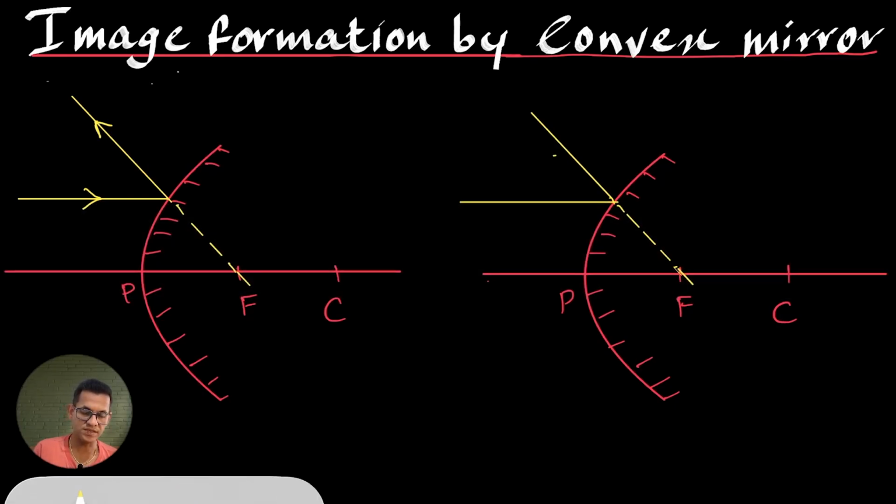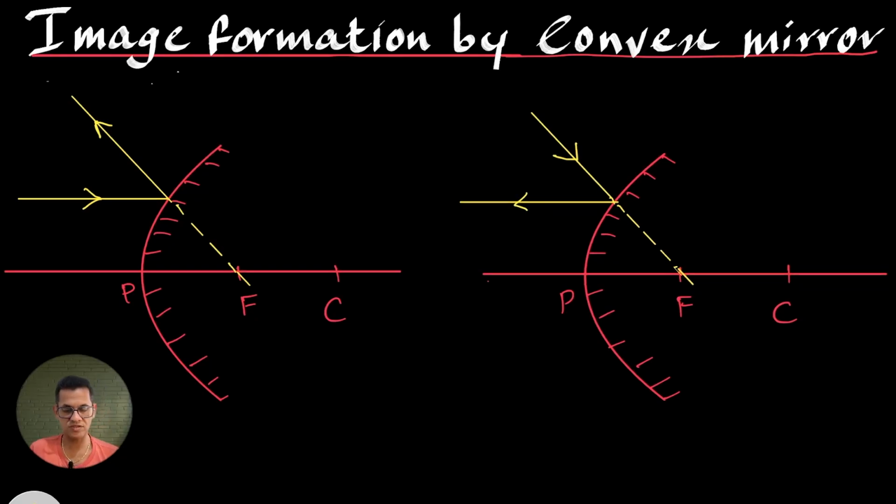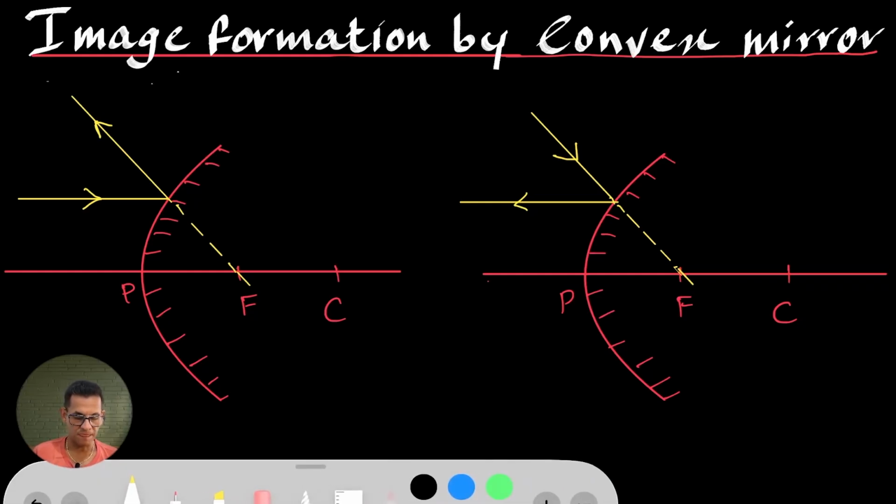So the second rule says if a light ray appears to pass through focus, after reflection it will travel parallel to the principal axis. So they are quite opposite to each other.